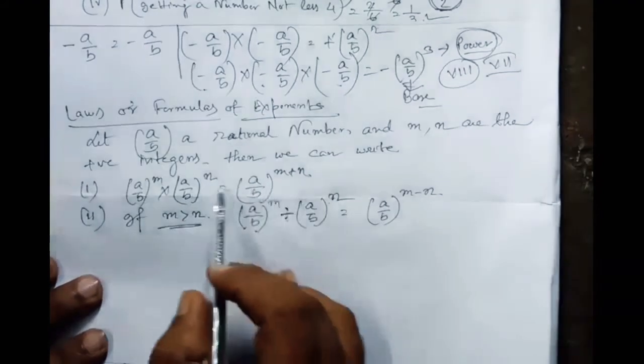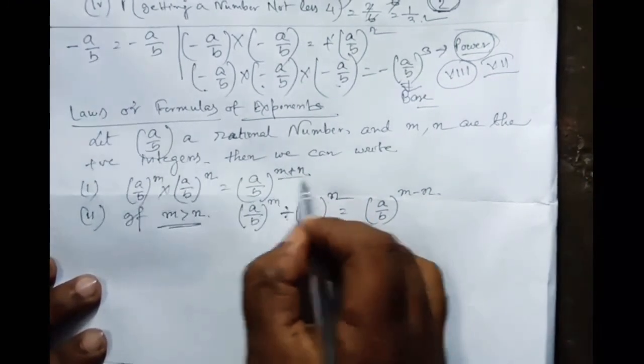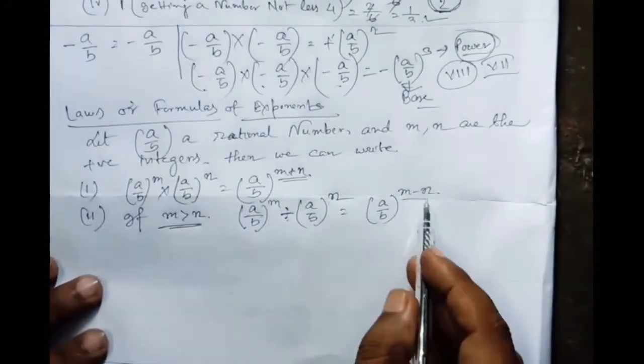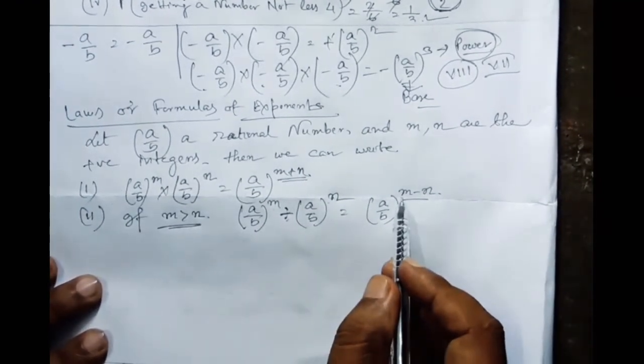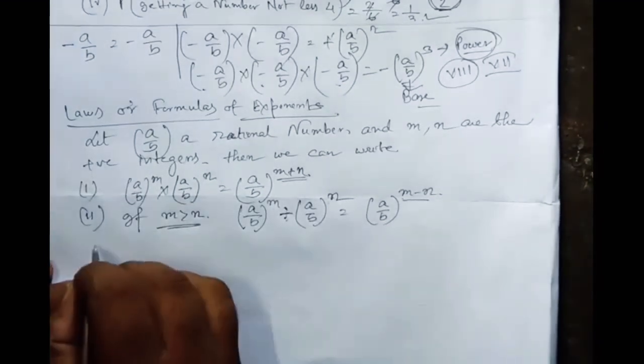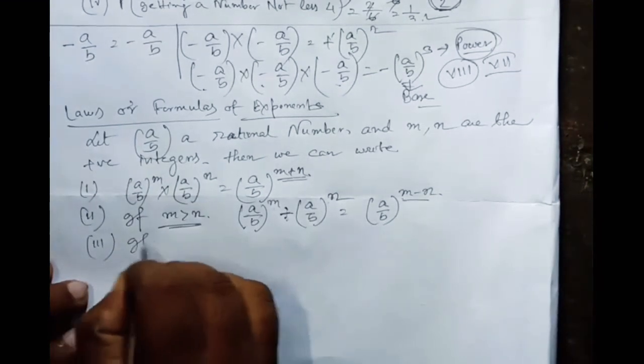Understood? So, in multiplication power should be added, in division power should be subtracted.